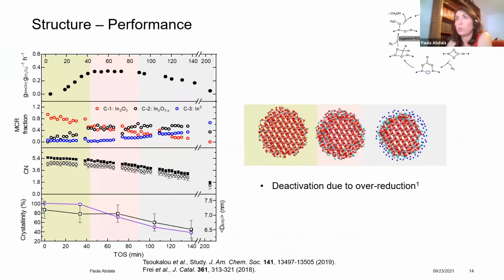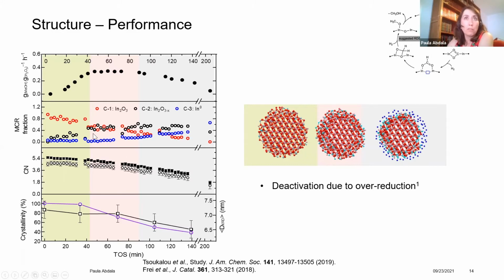We can put all this information together now and try to give an overall picture of what's happening with this material under reaction. Initially, we have indium oxide and very slight changes in the initial stage.